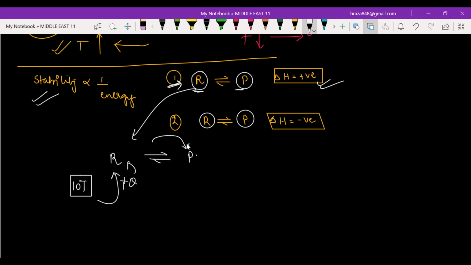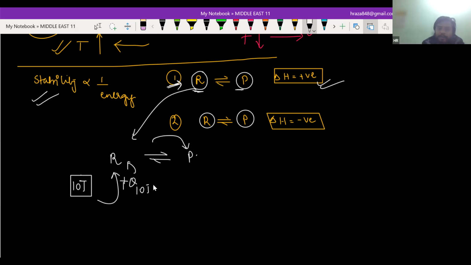Right, Ifra? Yes, sir. Now we give this reactant some energy to convert into product, and energy can neither be created nor destroyed. Just suppose we give 10 joule of heat, so the reactant has 10 joule energy, and after converting it into product, this product has 20 joule energy, right?